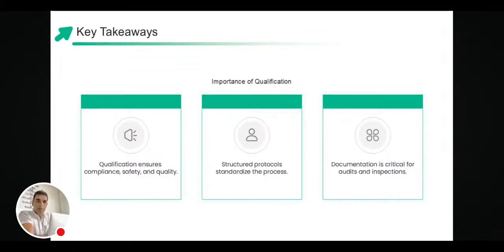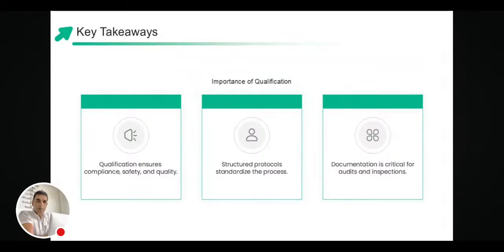Stages of qualification: we walked through each phase, URS, DQ, IQ, OQ, and PQ, outlining their purpose and importance. Key considerations: we emphasized the importance of complete documentation, following ALCOA Plus principles, and involving cross-functional teams such as engineering, QA, validation, and regulatory affairs. Handling deviations and changes: you learned how to properly manage deviations through investigations and CAPA, and how to handle modifications through a structured change control process.